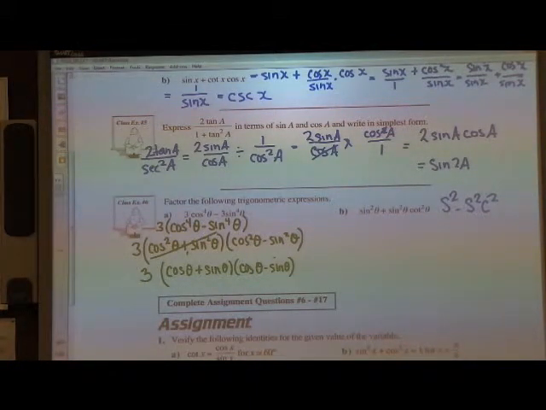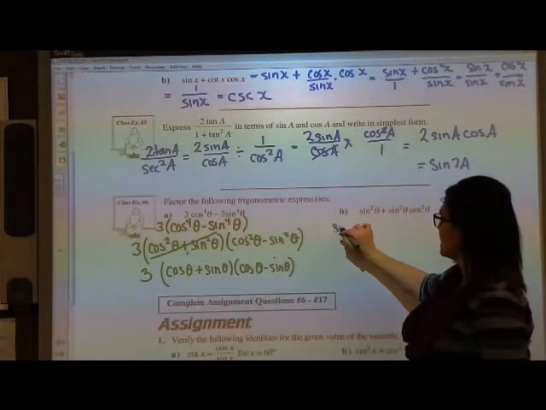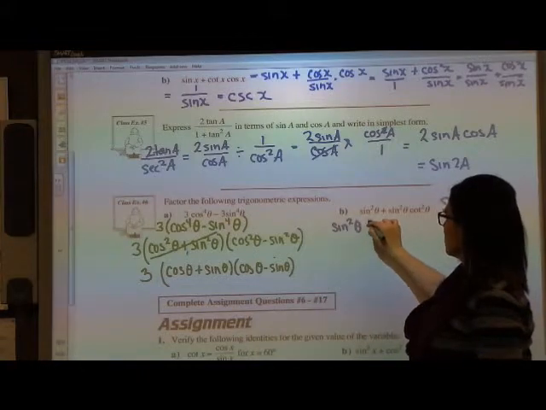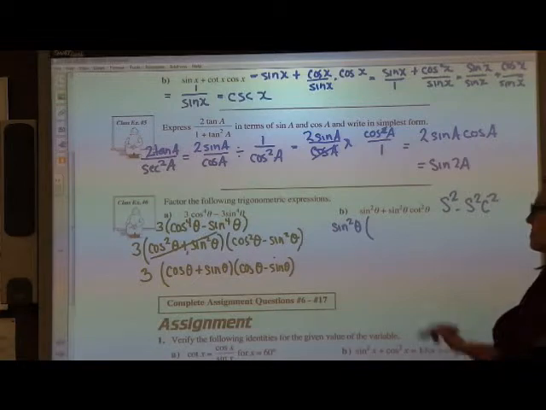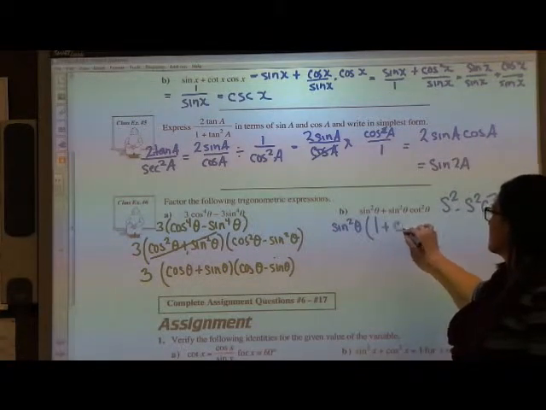Oh, factor out S squared. Factor out an S squared, which in this case is sine squared. So if I factor out a sine squared theta, what am I left with? One plus cosecant squared theta.